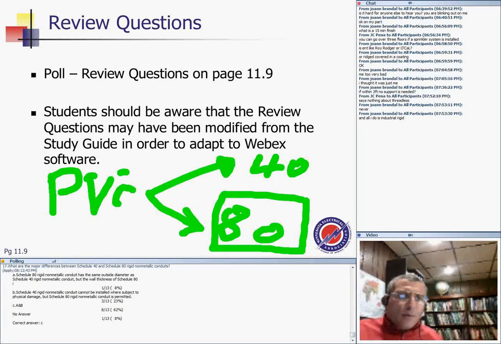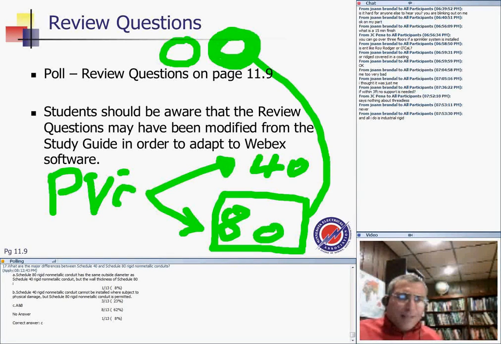And first, guys, if I can draw that, they all have the same outside diameter, except that the 80 is thicker and heavier.